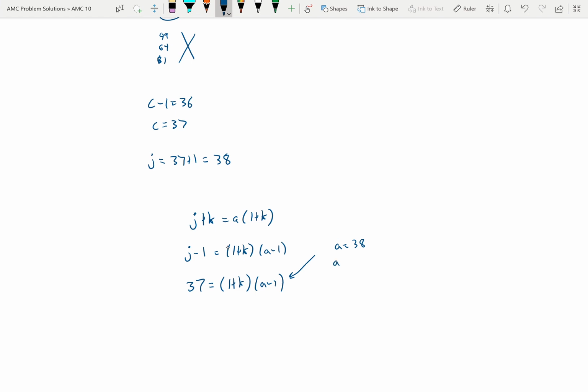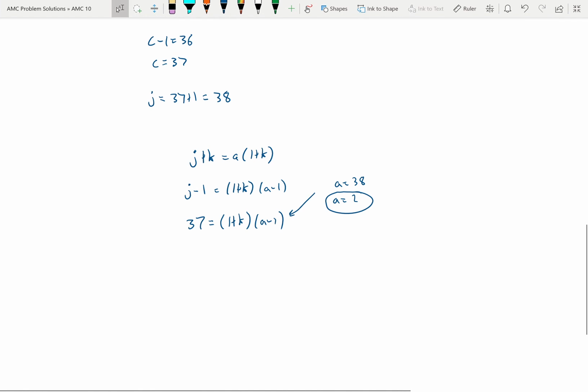The other scenario could be a is equal to 2, right? Because 37 is going to be divisible by 37 and also 1. So what we want to look at is when a is equal to 2. So I'm going to plug that in. I'm going to do 37 is equal to 1 plus k times 2 minus 1.